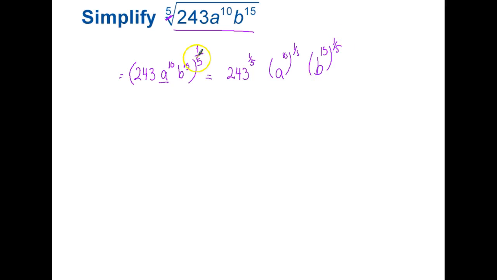Okay, so I distributed my power. Again, notice between the numbers and variables, it's times. If there was a plus or minus anywhere, this does not apply. So the power gets distributed to each of the constants and variables if and only if they're multiplied together. Okay?